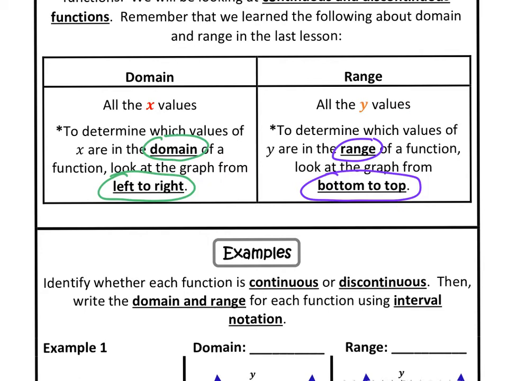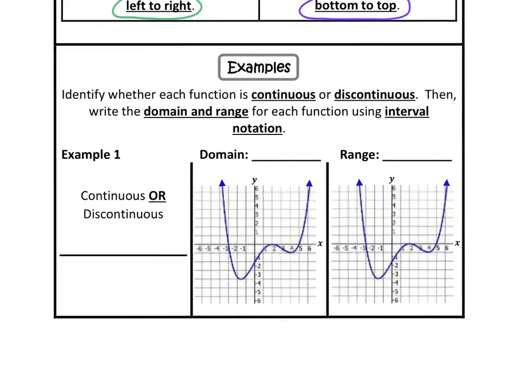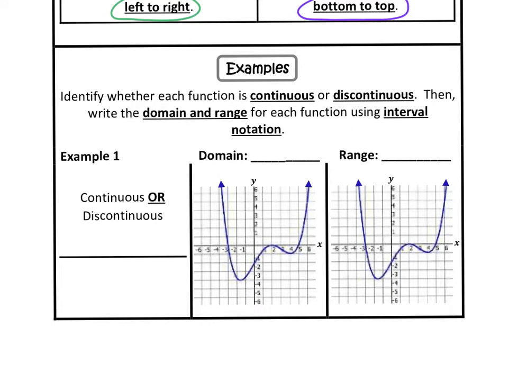Okay, so let's look at this first example, and I'm going to break it down into parts. And just like the last lesson, you notice that I have two graphs that are the exact same graph, and I just copied the picture so that we can discuss domain on one side and range on the other. But again, let's read the instructions.